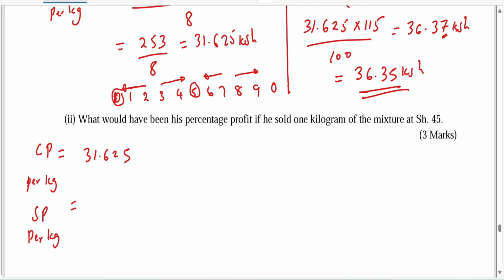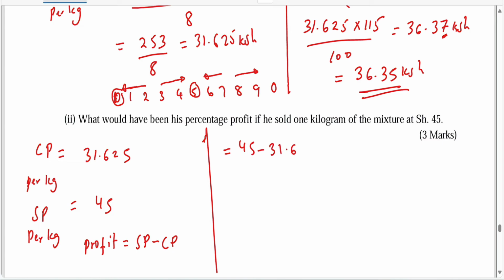Is equivalent to 45. So let's find out the profits, and the profits given by your selling price minus your cost price. So quite easy question here. So let's find out the profit.